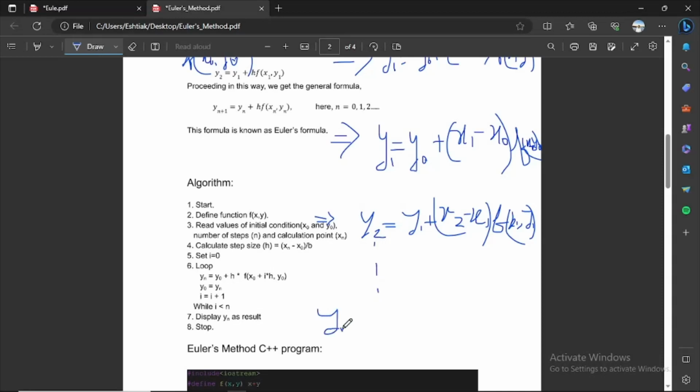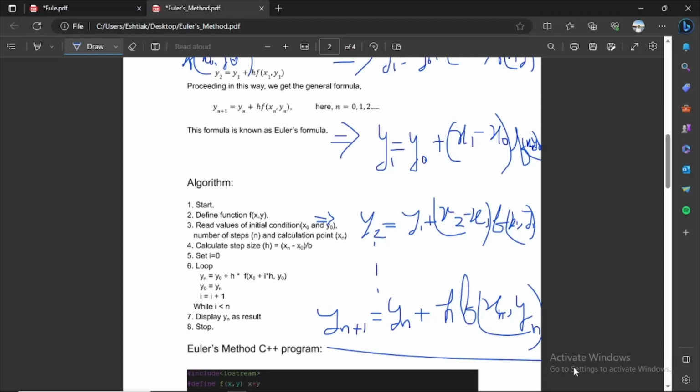And our general form of Euler's method is y n plus 1, which is our next y value of the function, equals yn, our initial condition, plus the difference between two x values, that is h, times the function of x, y, here xn and yn. This is our general form of Euler's method.